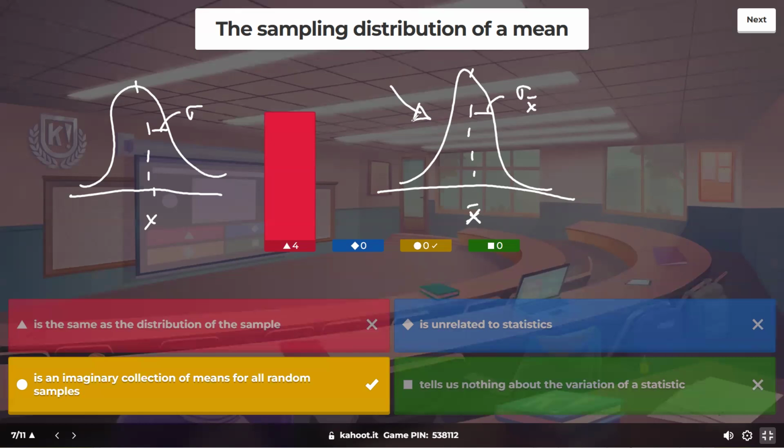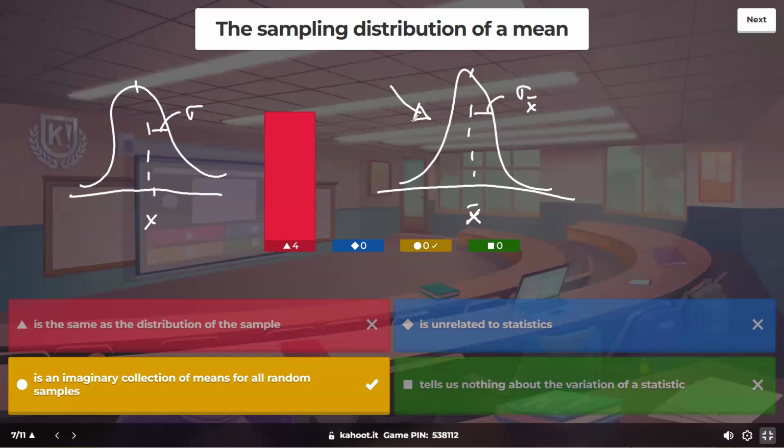The one to the right is an imaginary distribution that I would get if I took, in this case, 10 random samples. Well, it doesn't tell the size here. If I took a random sample, found its average, recorded that. Another random sample, found the average, recorded that.